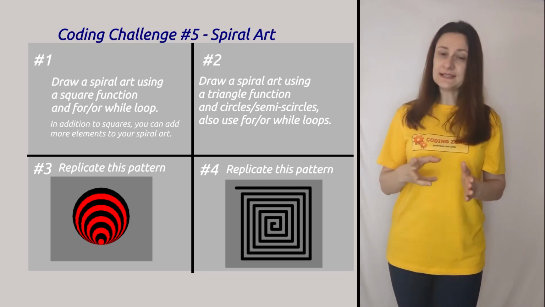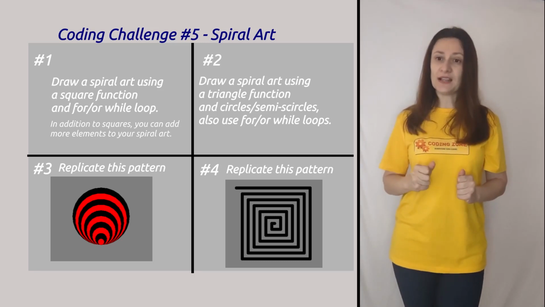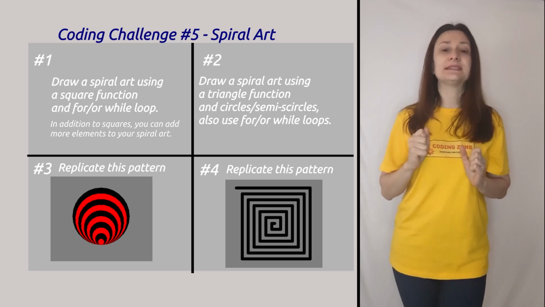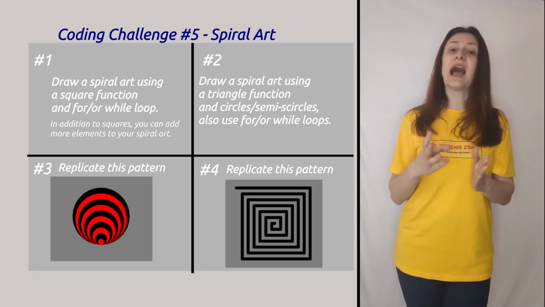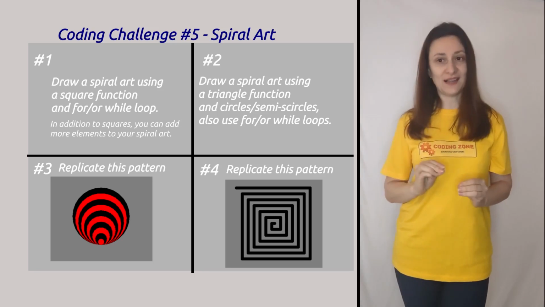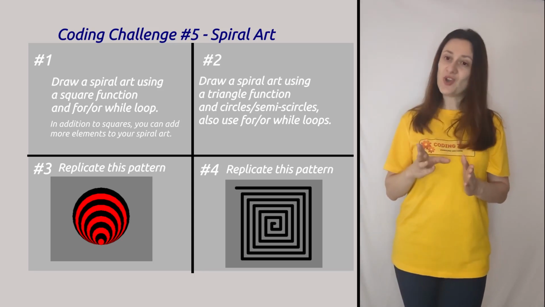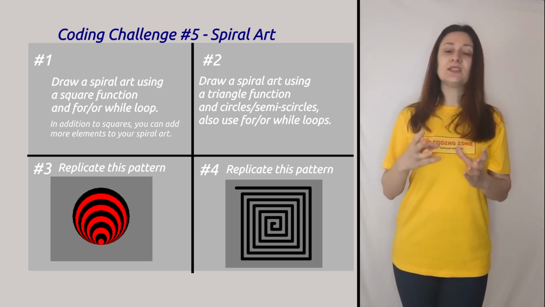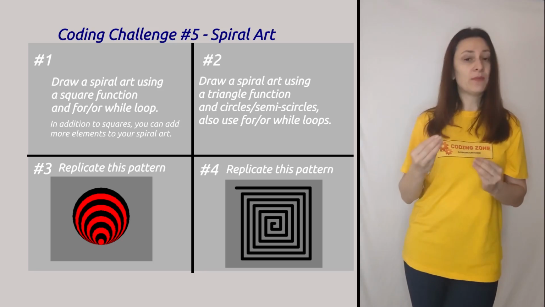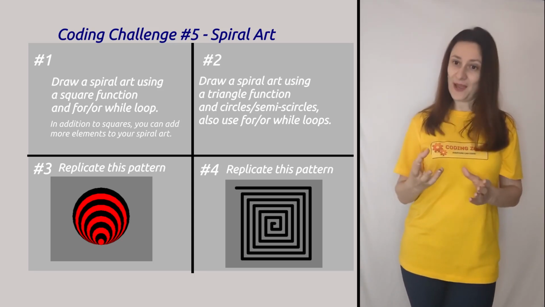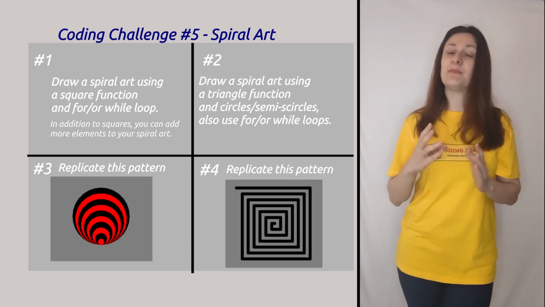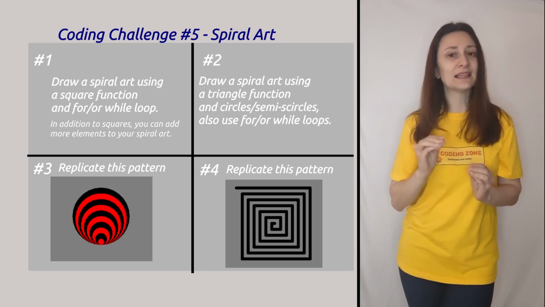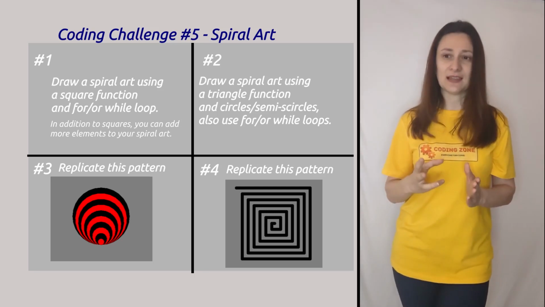With regards to the points, as I mentioned, for this coding challenge, we will have slightly different points. As we have 4 separate spiral arts, I will allocate points for each of your art. 5 points for each of your artwork if you completely followed the instructions and you created your spiral art using Python functions, for loop or while loop. 3 points if it's partially completed, so you completed it but it doesn't exactly meet the requirements, but you still did it.